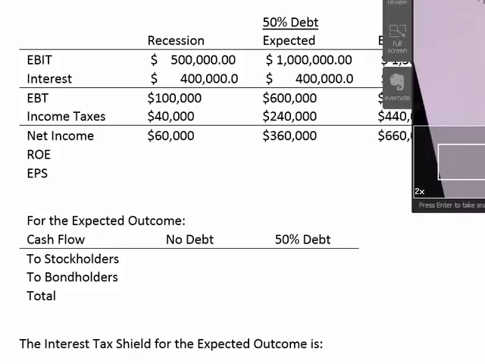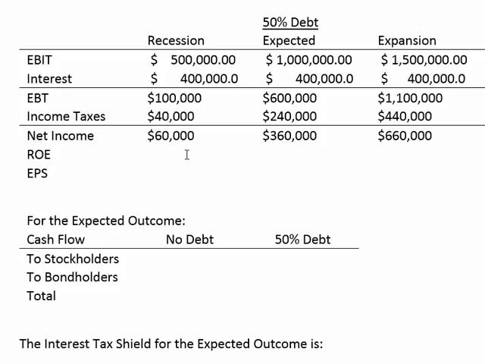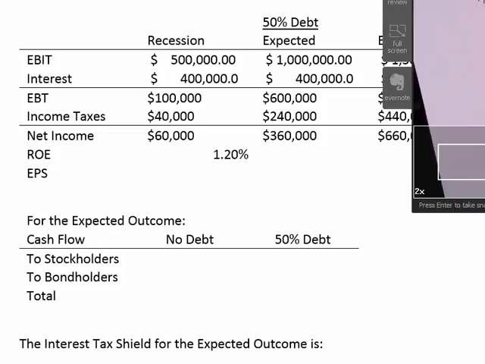That gives me 1.2%. $360,000 divided by $5 million gives me 7.2%.